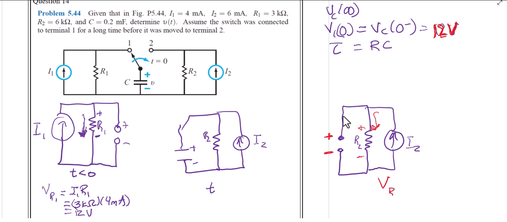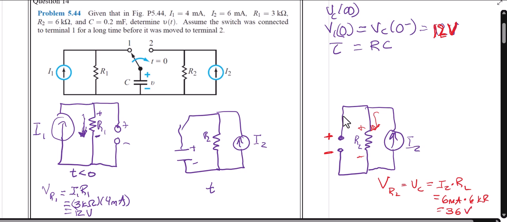So VRL equals VC equals I2 times R2, equals 6 milliamps times 6 kiloohms. And so that's 36 volts. Okay, so now we have that.